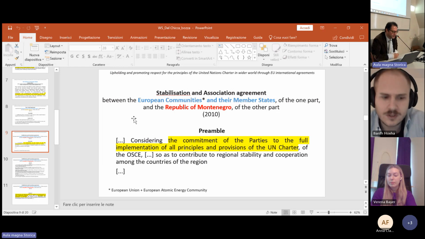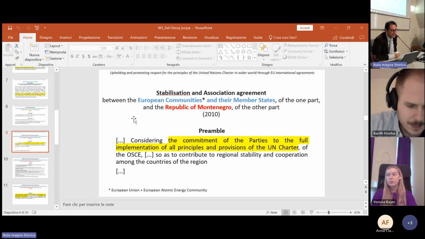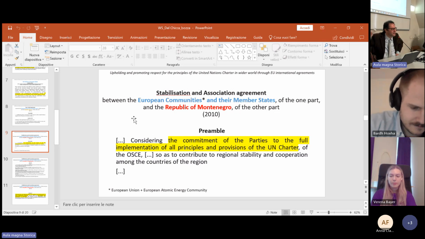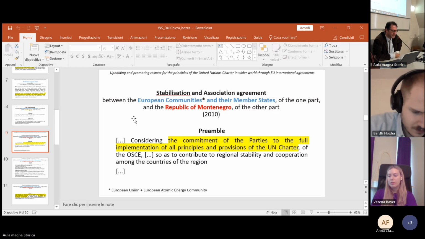Okay, together with different international organizations and the member states, and the Republic of Montenegro on the other part. The Republic of Montenegro is a candidate state, a state which wants to enter into the European Union, and this agreement is a step in order for the Republic of Montenegro to become a member state of the European Union in the future.